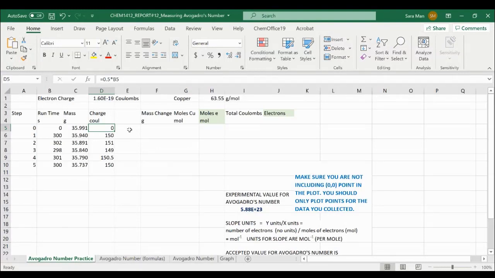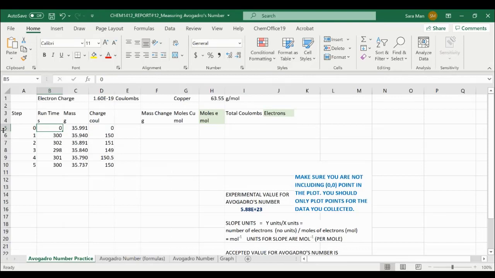So if we look at the formula here, it says equal 0.5, that is the average current, times B5, that is the time.